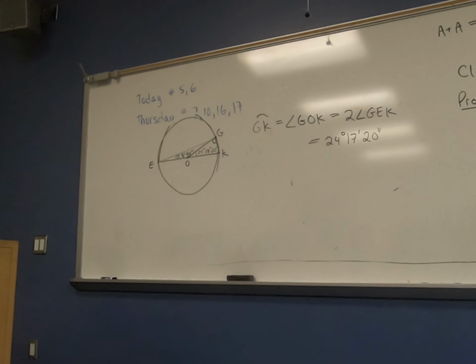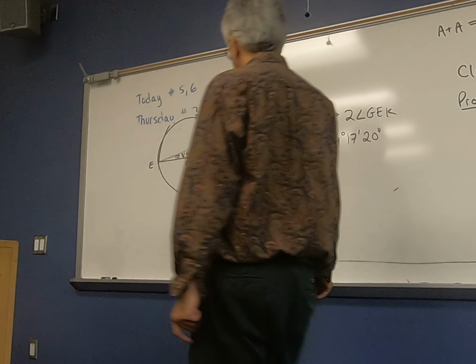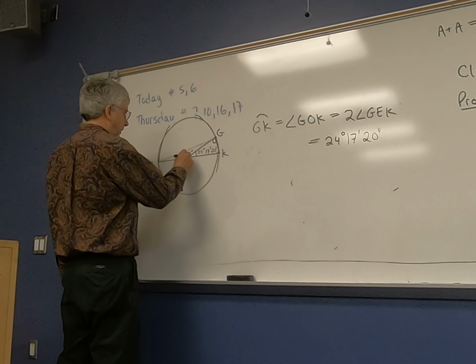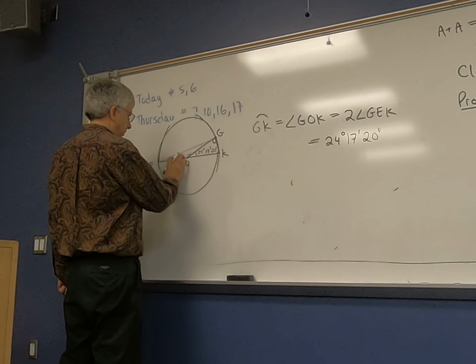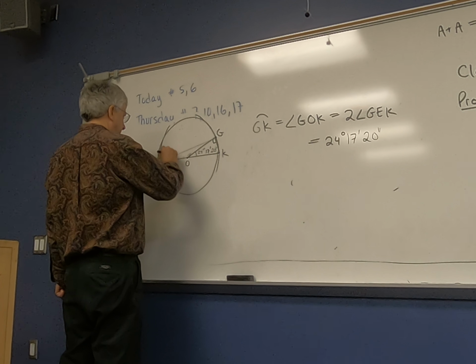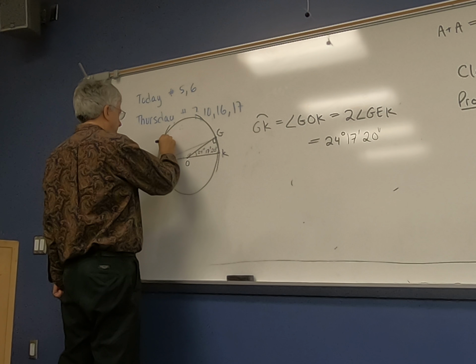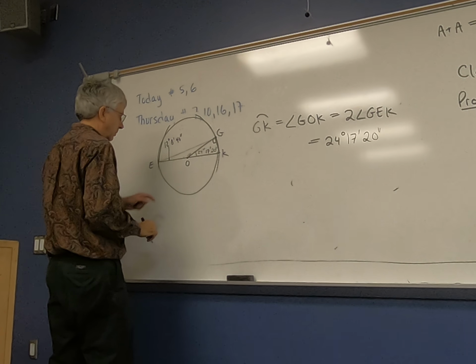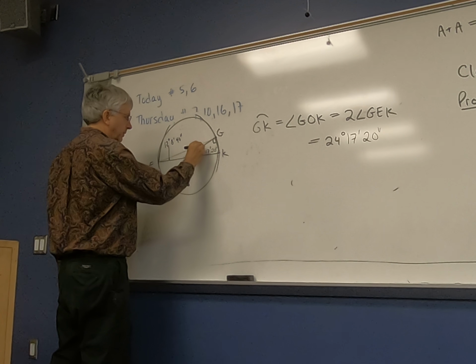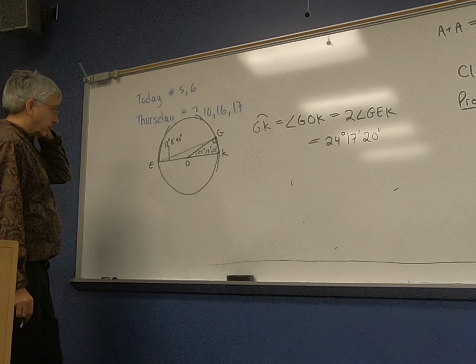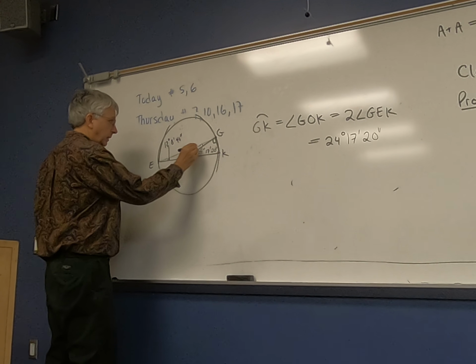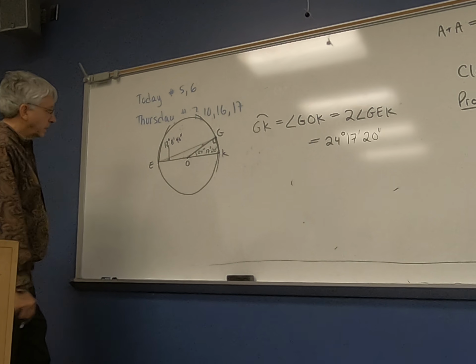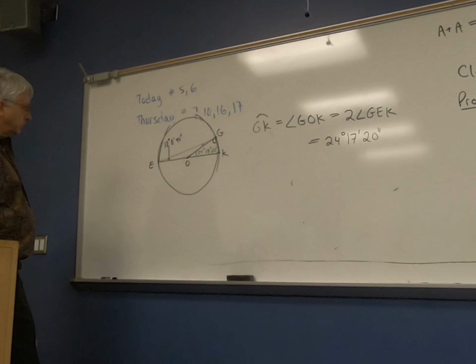Okay, so let's see, this angle here is 12 degrees, 8 minutes, and 40 seconds. So this would also be that same angle, right? Because it's an isosceles triangle. The GEO is isosceles, right?